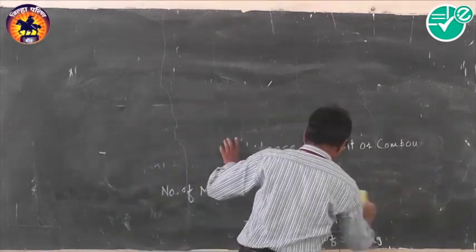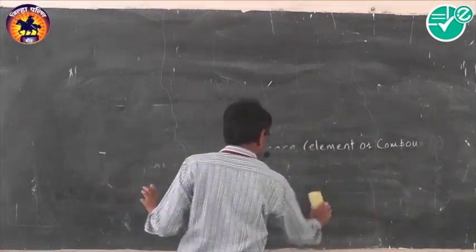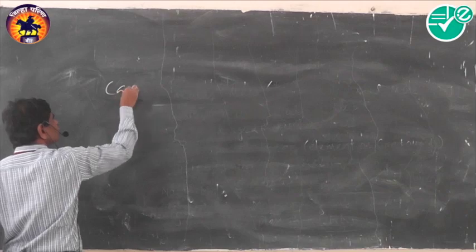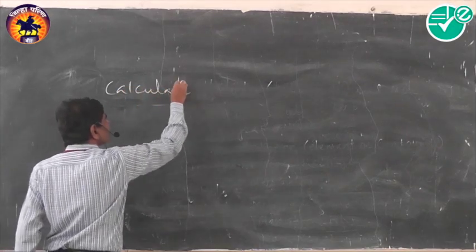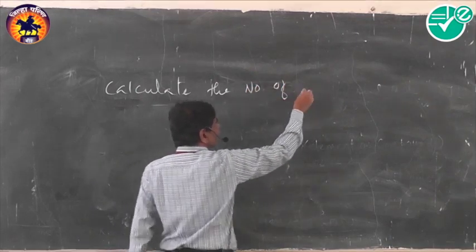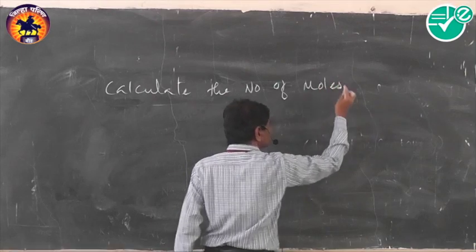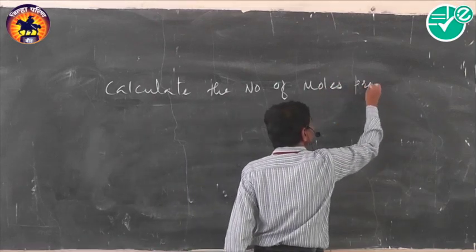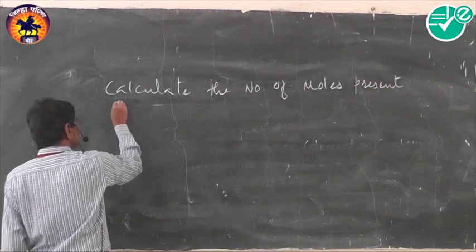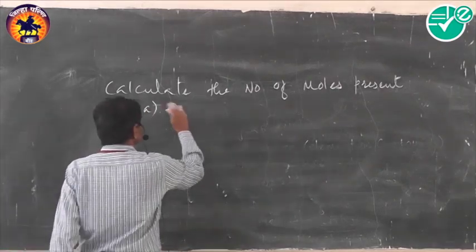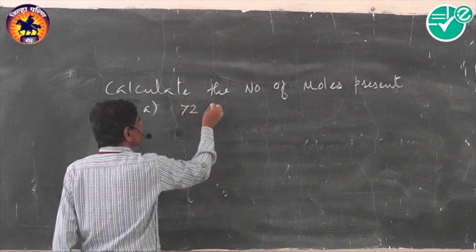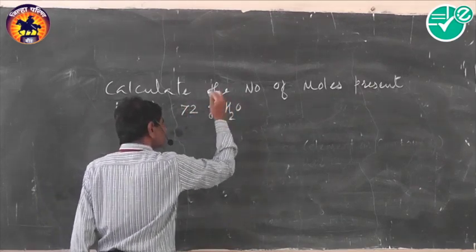Now let us consider an example. Calculate the number of moles present in: A, 72 gram H2O, water.